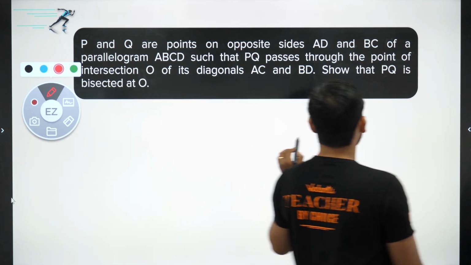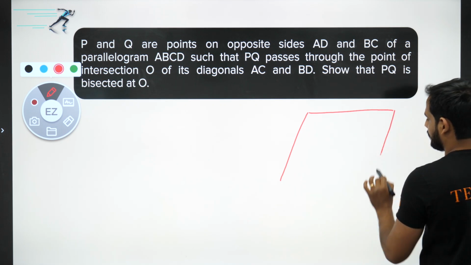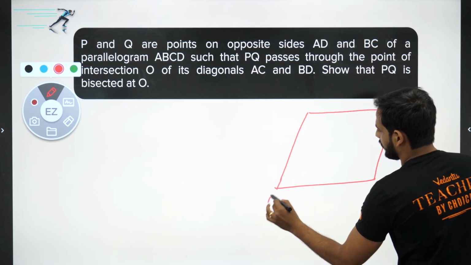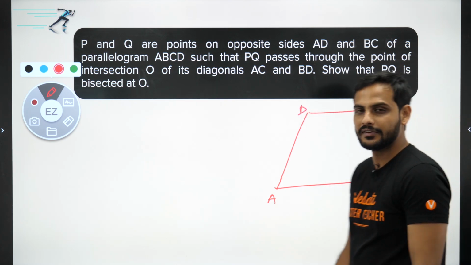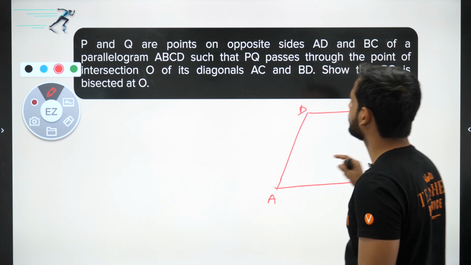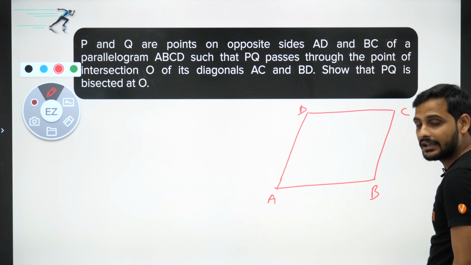So if you draw the diagram here, ABCD is what? A parallelogram. So let us say A, B, C, D is a parallelogram. Next thing they are saying that this PQ is passing through the point of intersection of its diagonals.